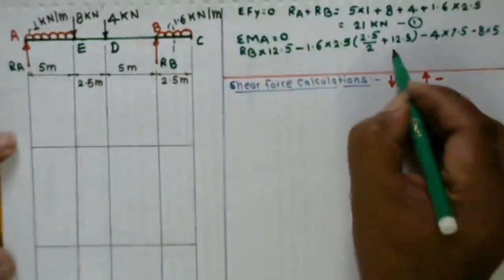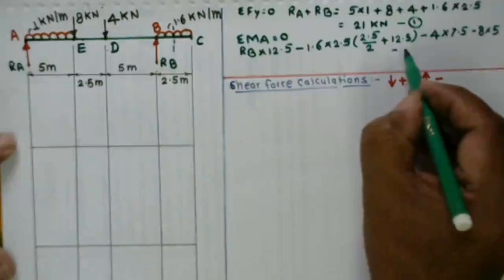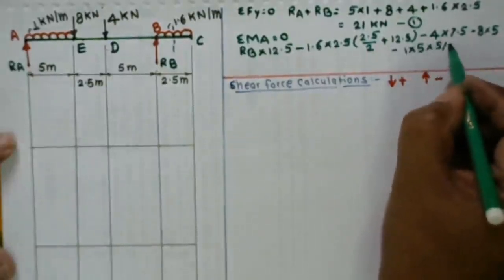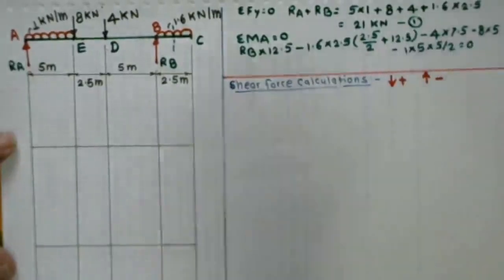Next UDL again, minus 1 into span 5, it is acting at its center, 5 by 2, is equal to 0.